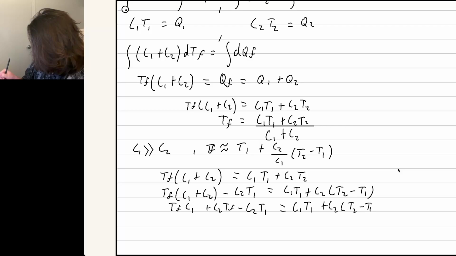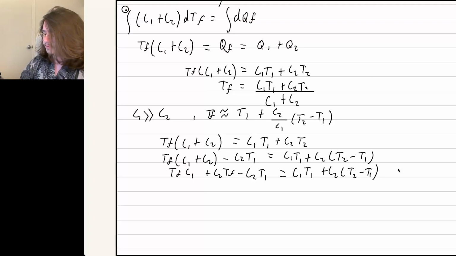Well, TF minus T1 is really just approximately TF, because C1 has such a high heat capacity as compared to C2. Pretty much all of the change in temperature is going to be in the second object.